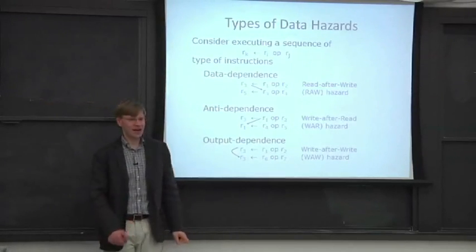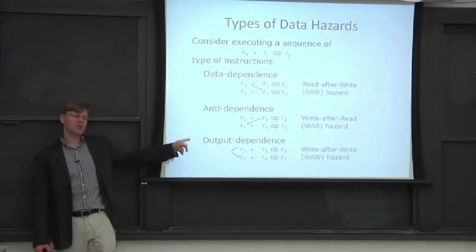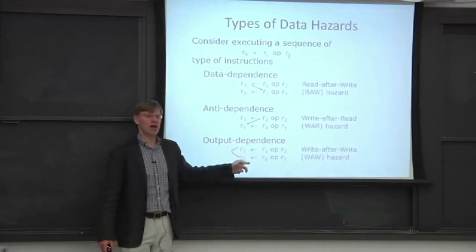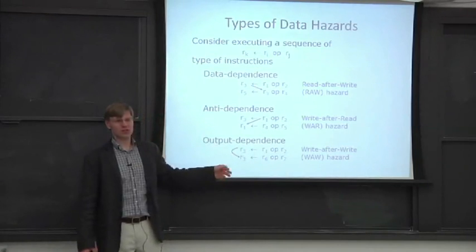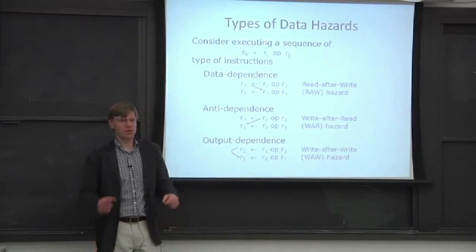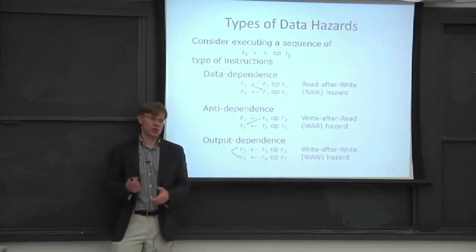OK, output dependencies. This is actually something that you could possibly even have happen on a simple in-order processor core if you write back to the register file from different stages. So let's take an example.